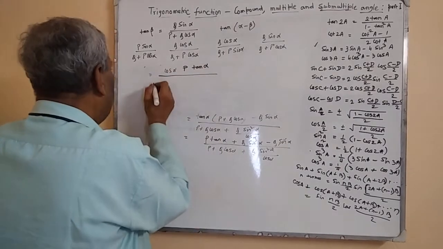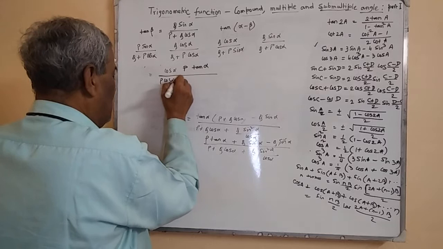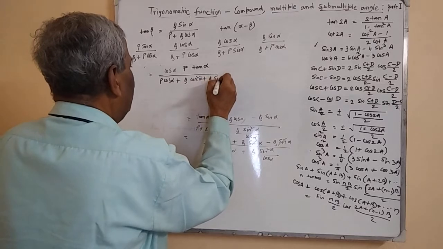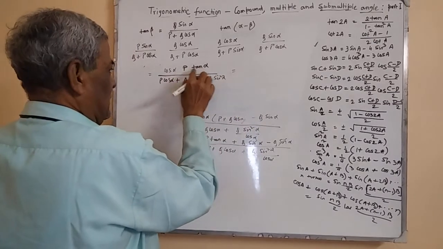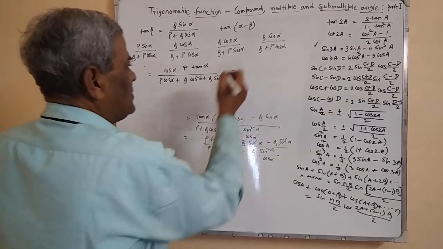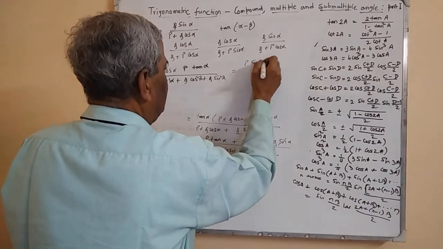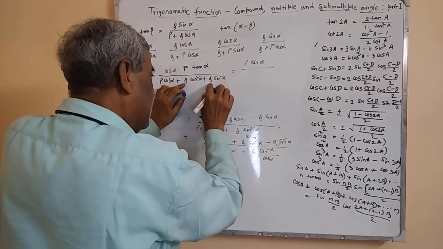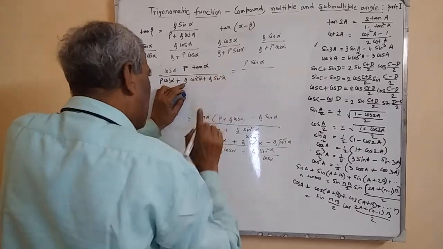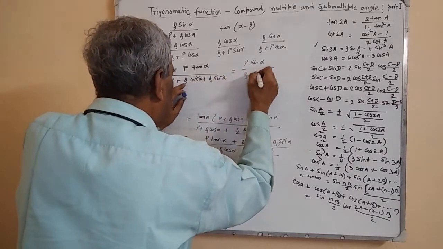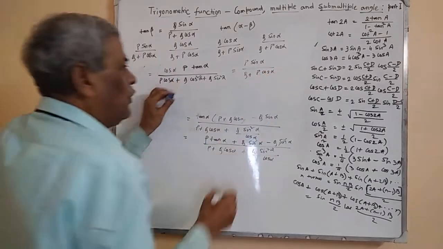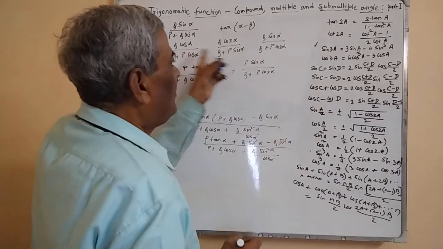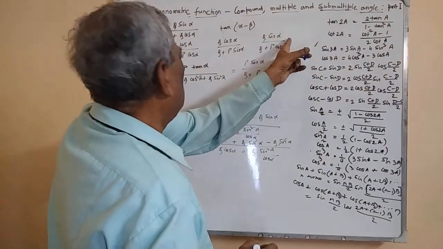In the denominator, p cos alpha plus q cos square alpha plus q sin square alpha. Tan alpha into cos alpha means p sin alpha, cos alpha cancels. And here, taking q common, sin square plus cos square is 1. So q plus p cos alpha. I think we already obtained our result, which is equal to this one. Fourth option is correct.